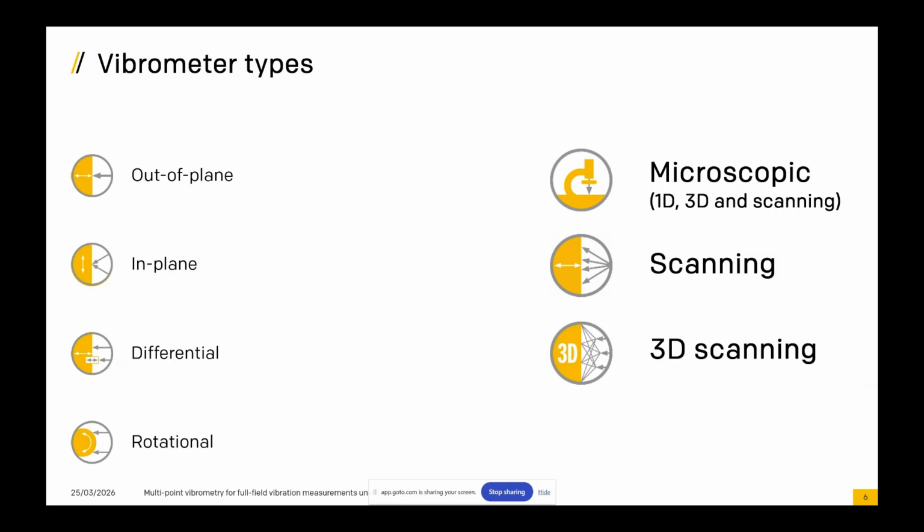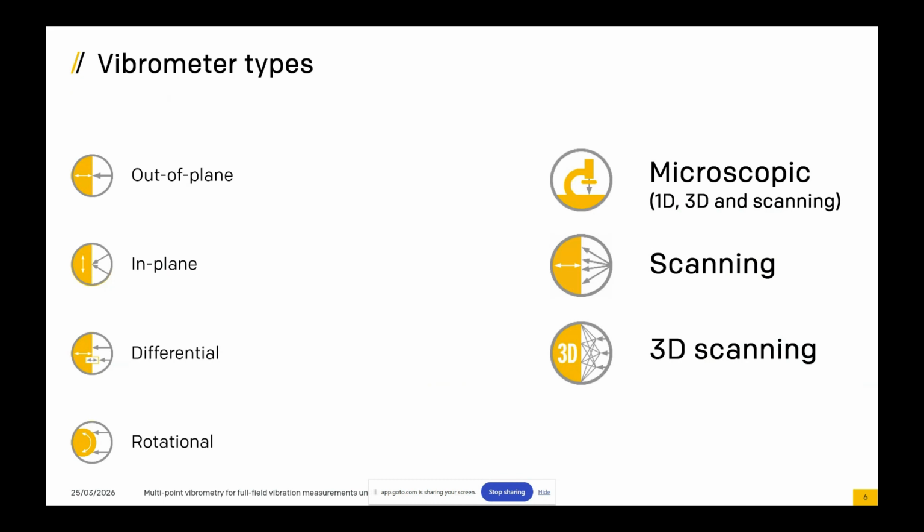The system measures in the direction of the laser. So if you have a device and it's vibrating left to right, and you point the laser directly at it left to right, then it will measure that left to right motion in terms of velocity or displacement or even acceleration.